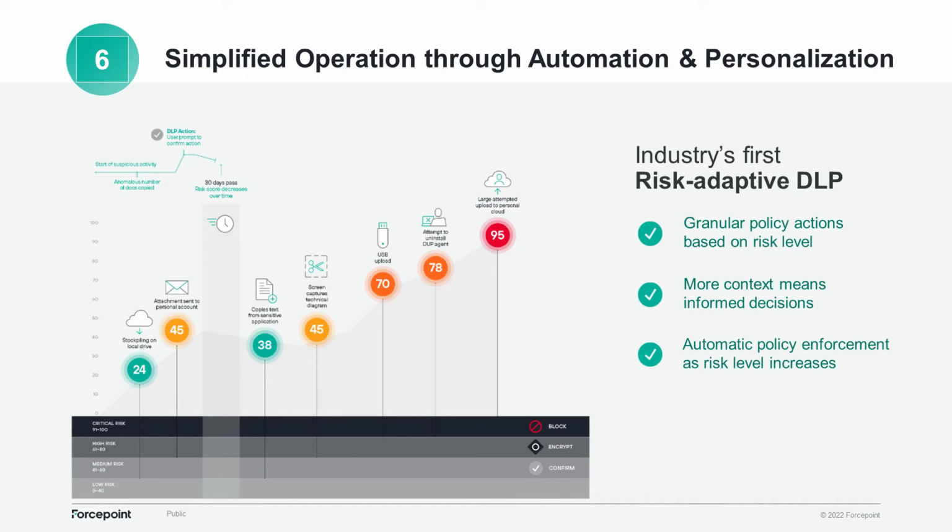They're still not considered critical, but then maybe the 30 days go by, their risk score goes down, and then they start doing some other things. They upload to the USB drive again. There's an attempt to uninstall the DLP agent, which would be considered pretty serious. And then a huge attachment attempt, sending stuff out to the cloud, which puts them into the critical risk.